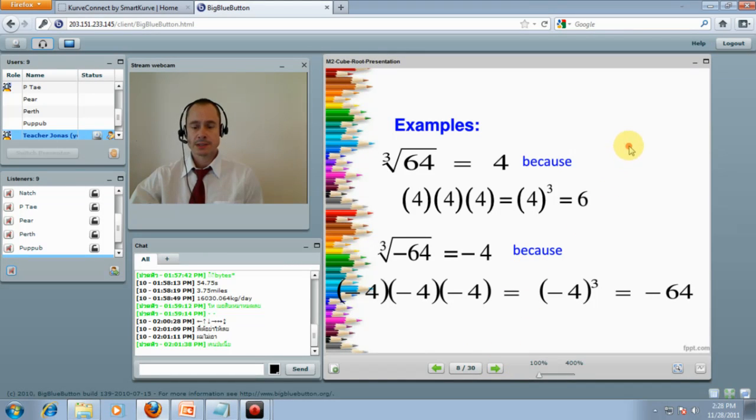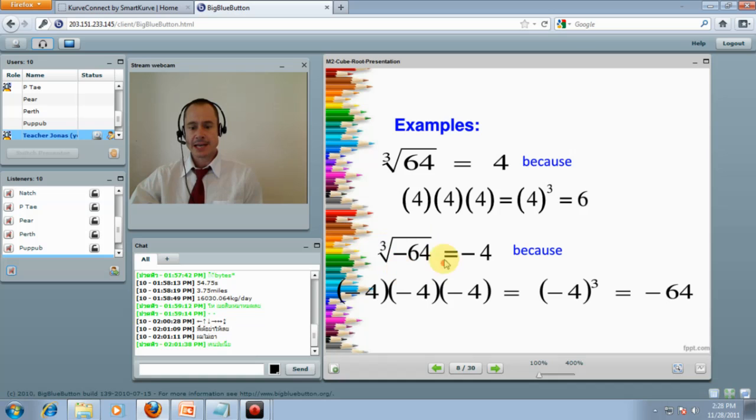So now we get to some examples. The cube root of 64 is written like this, and the answer is 4. Why? Because 4 times 4 times 4 is equal to 4 raised to the power of 3, and that is 64.